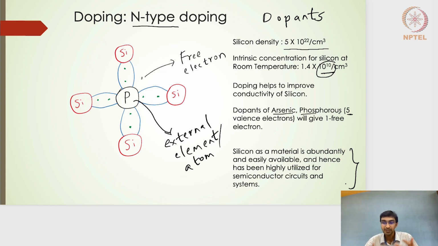So silicon is easily dopable, the dopants can be easily diffused inside the crystal lattice structure, silicon dioxide is another advantage, and having good conductivity makes it widely popular as a semiconductor material. Hence the CMOS transistors, or the VLSI design in a broader sense, is heavily dependent on the silicon material.